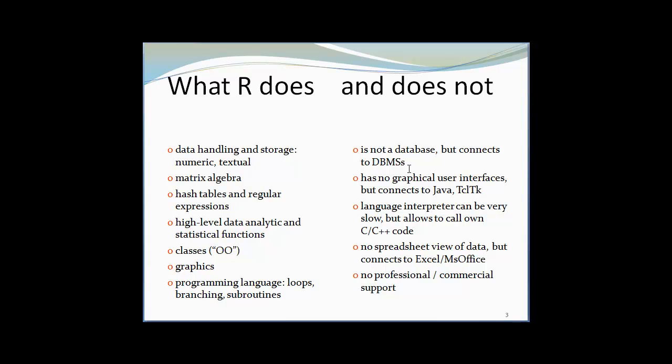Matrix algebra is also in R, but it has no graphical user interface, but it connects to Java, TCL, TK, etc. It has hash tables and regular expressions, but the language interpreter can be very slow, but allows you to call C++ code. Similarly, the classes are object oriented, but there is no spreadsheet view of data, but it connects to Excel and MS Office.